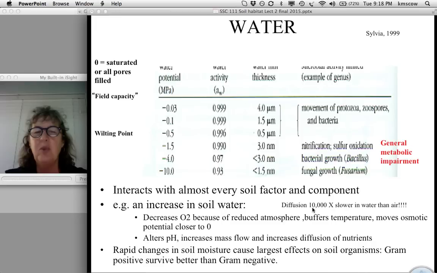And rates of diffusion of, for example, oxygen are 10,000 times slower in water than air. So the ability of the atmosphere to restock these microsites in soil where there's carbon and all the oxygen has been used up locally is going to be much slower if you have a lot of water in the soil because of these slower diffusion rates.